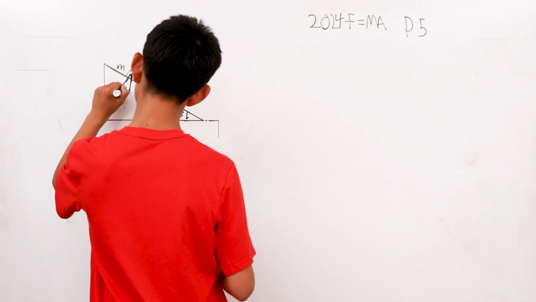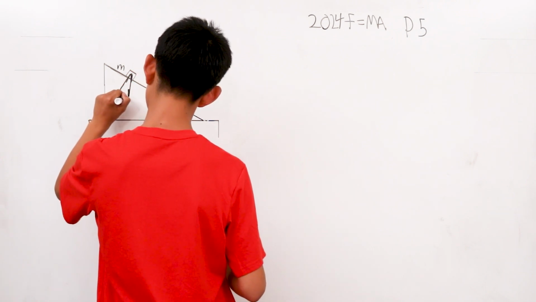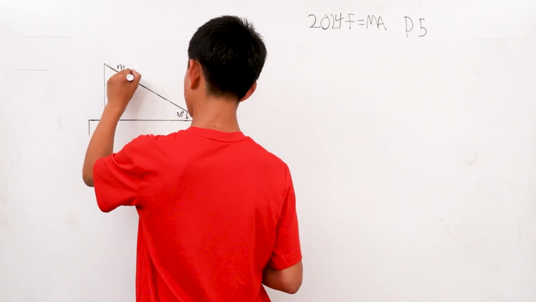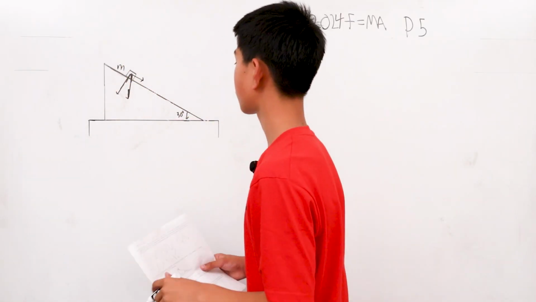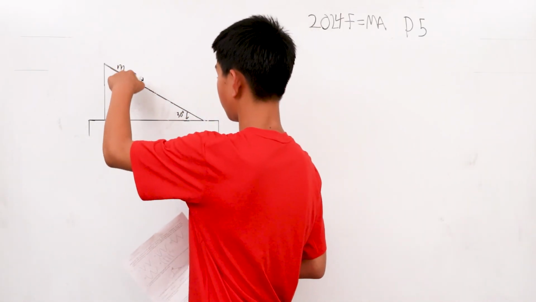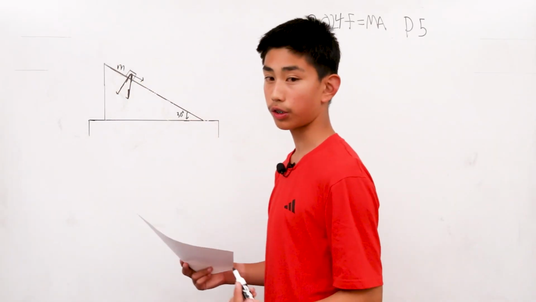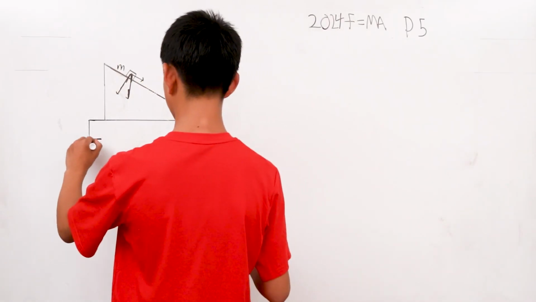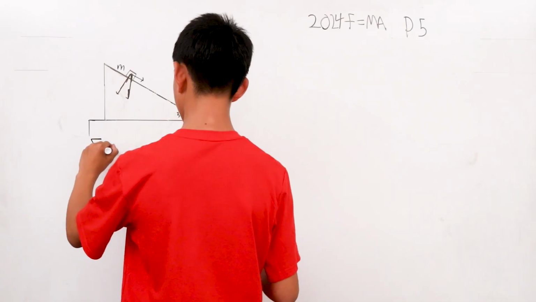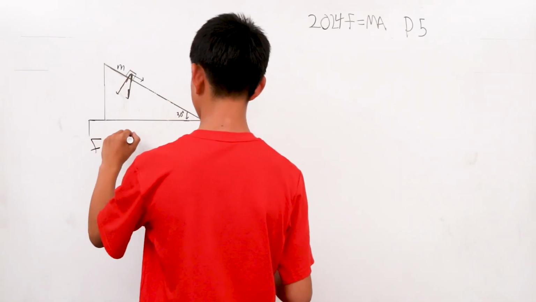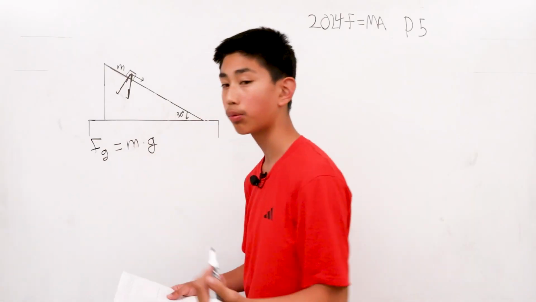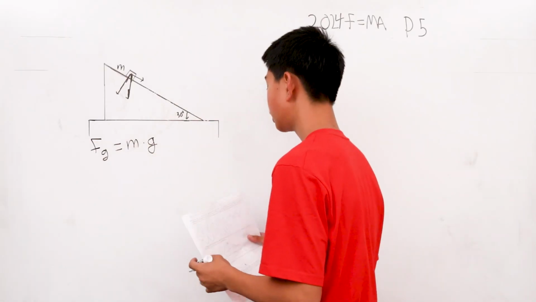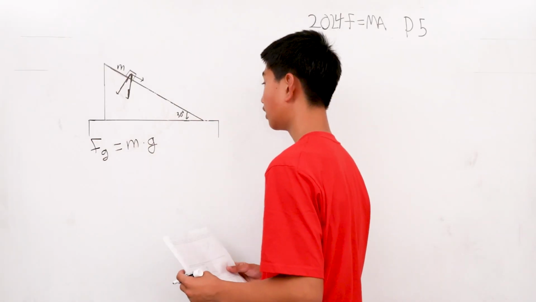In the vertical one, we have our gravitational force, which we can denote by F sub g. This is simply equal to the mass of the block, m, times the acceleration due to gravity, 9.8 meters per second squared, or 10 in this context.